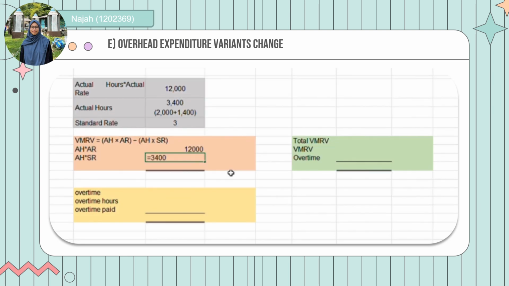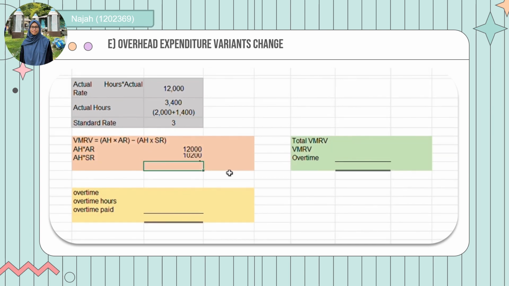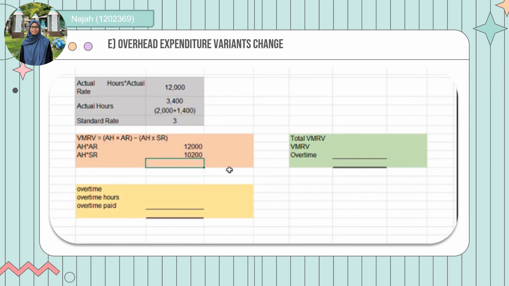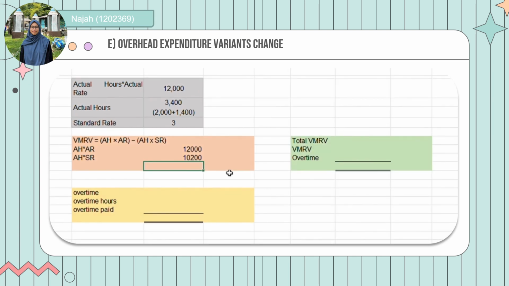We get that from 2,000 plus 1,400, and then multiply with the 3 ringgit standard rate. After that, we get 10,200. So 12,000 minus 10,200, we get 1,800 unfavorable because the actual rate is bigger than the standard rate.